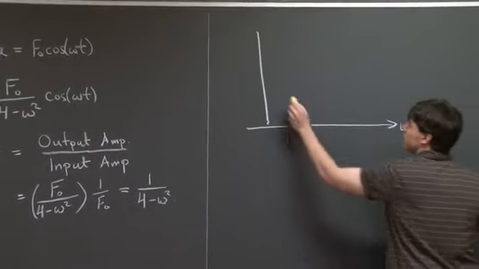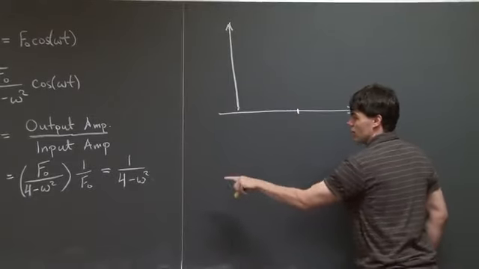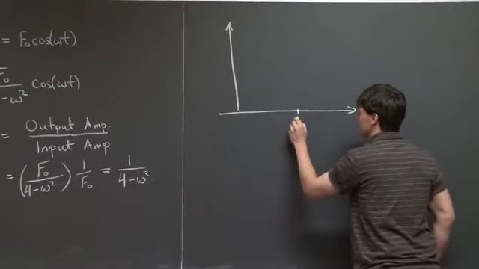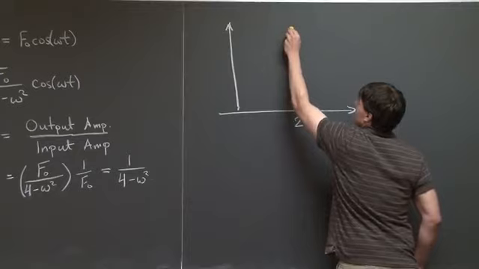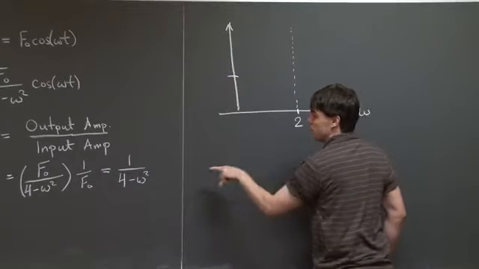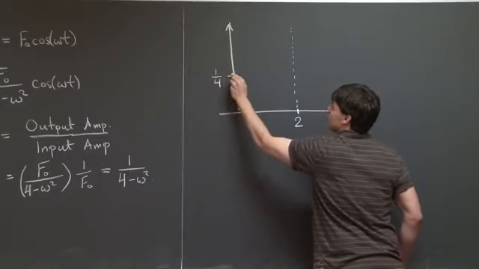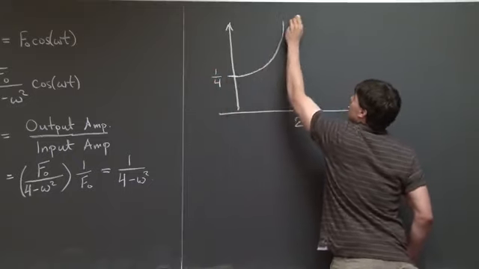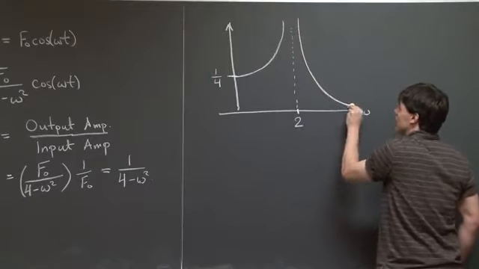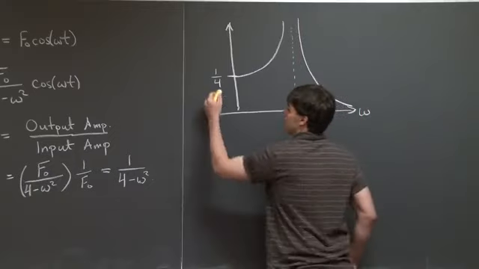So we have omega. And we see that when omega is equal to 2, there's an asymptote. When omega is equal to 0, we have 1/4. And specifically, we have this tent-like function. So this is the amplitude response.